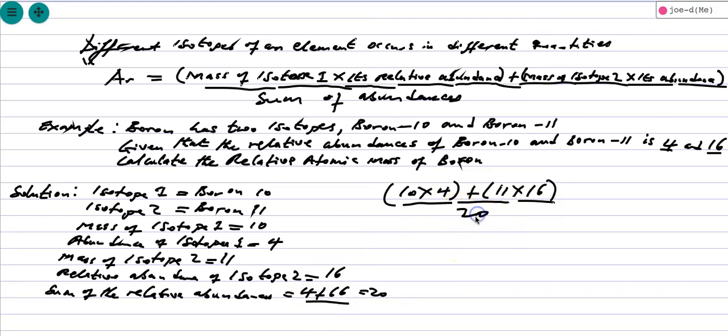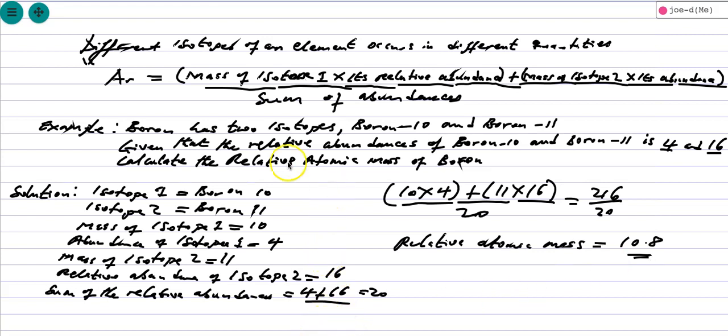Now, what do we get here? We're going to get 216 divided by 20, and so the relative atomic mass will be 10.8. Okay, so that's how you work out relative atomic mass if you know the individual isotopic masses and the relative abundances. Okay, that is the end of the video.